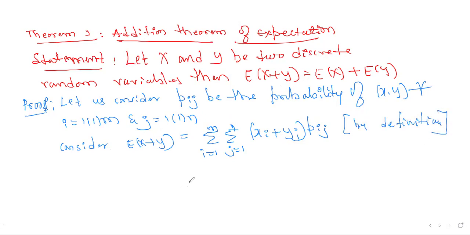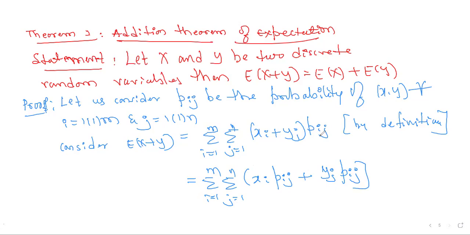This is by definition. Now, keeping the double summation as it is, i running from 1 to m and j running from 1 to n, I will multiply this pij inside: xi into pij plus yj into pij. So I will apply the summation inside the bracket.